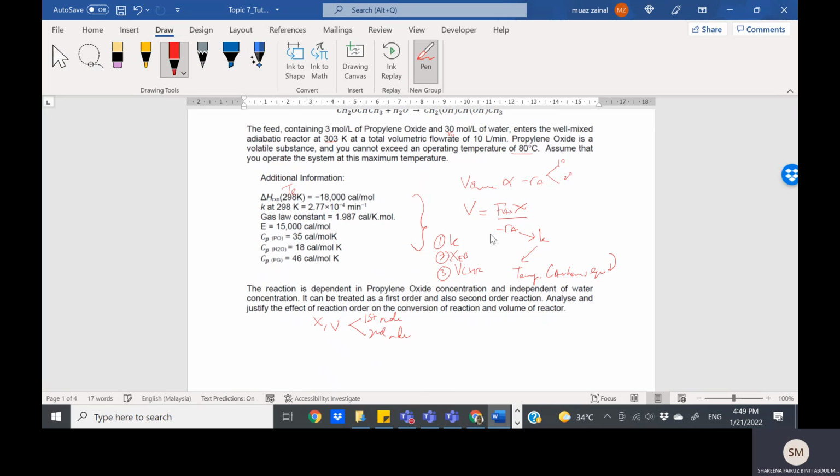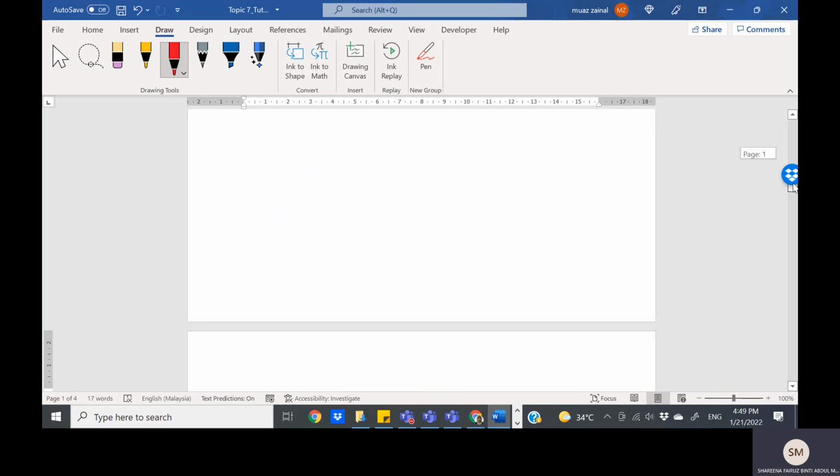So you're going to have two sets of solutions, for the first order and also the second order. This is kind of a straightforward question.